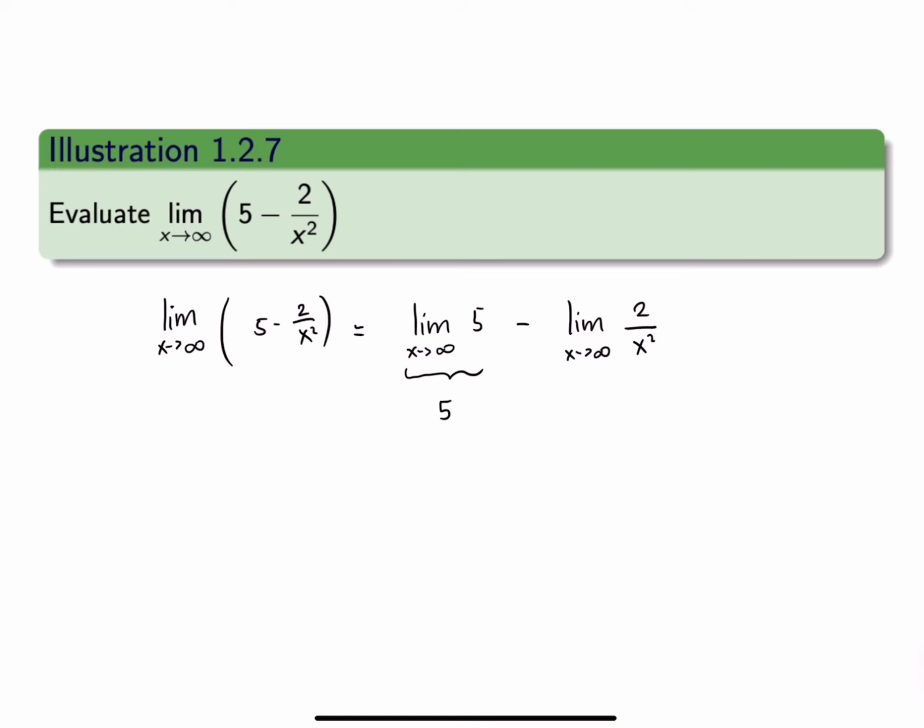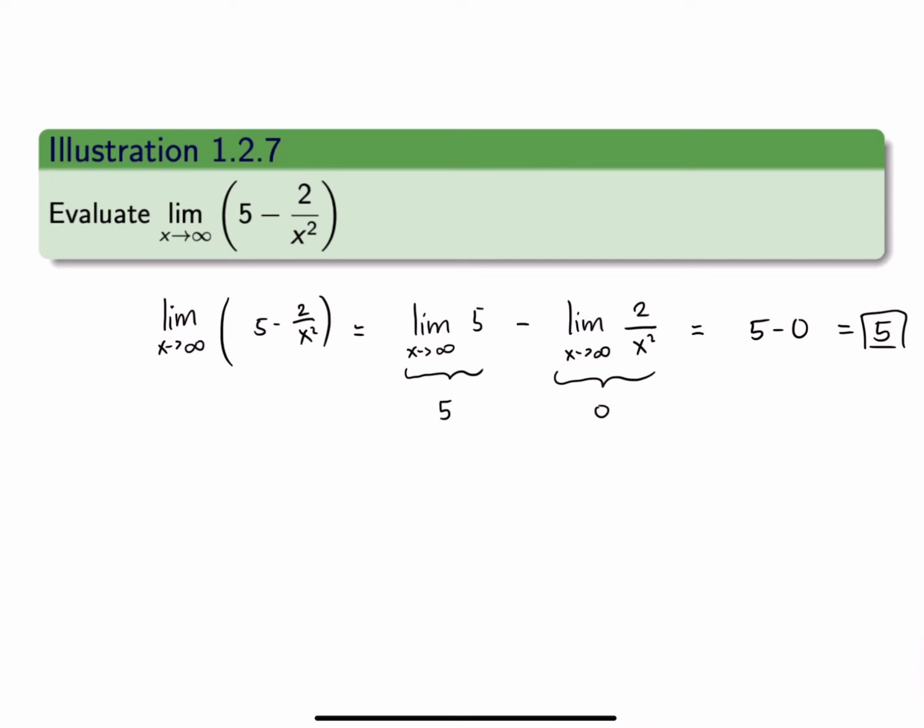Since x approaches infinity, our denominator will proceed to large positive values, right? So this means that the value of this limit is simply 0. Thus, we have 5 minus 0, which gives us a final answer of 5.